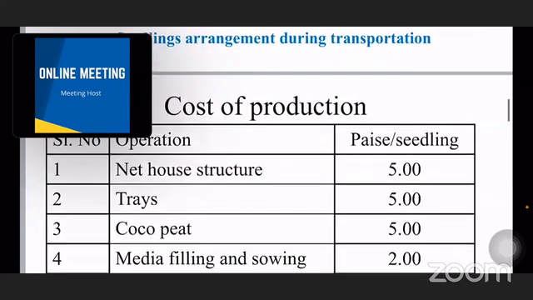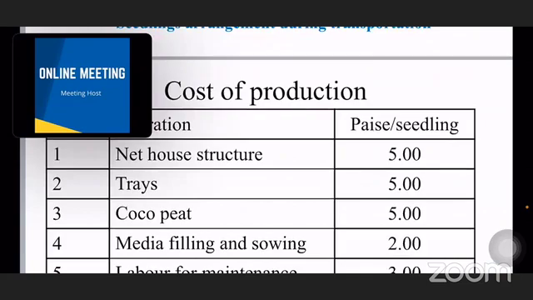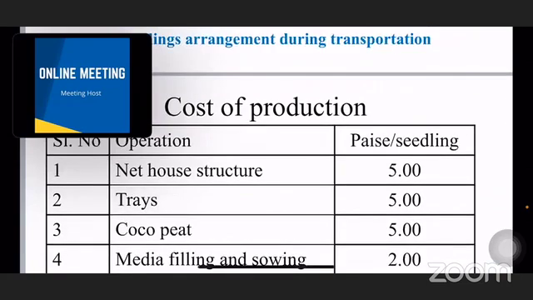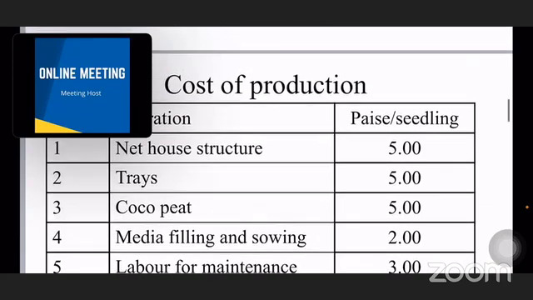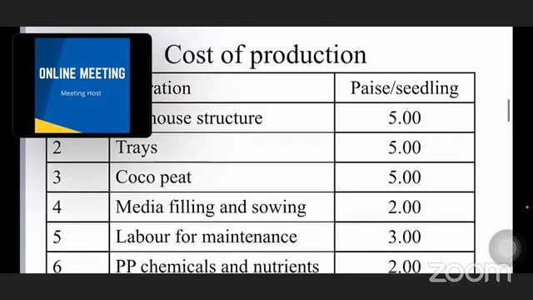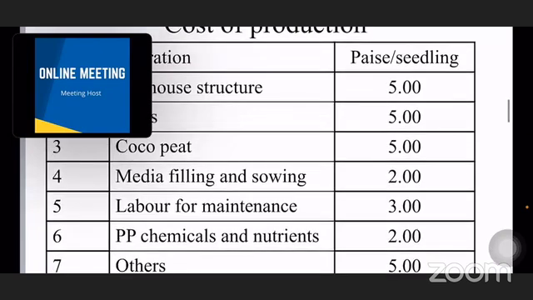Then coming to the cost of production, this is actually normal, not a high-tech one. We have calculated how much cost is applied per seedling. For net house structure, 5 paise, then trays 5, cocoa peat 5, media filling and sowing 2.